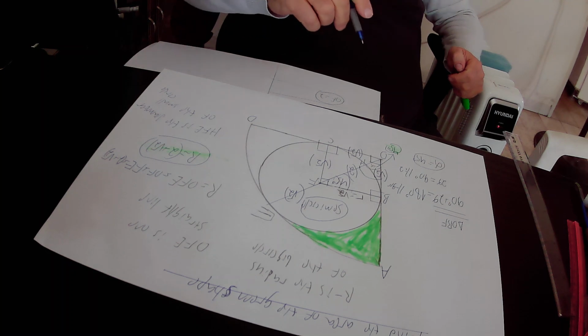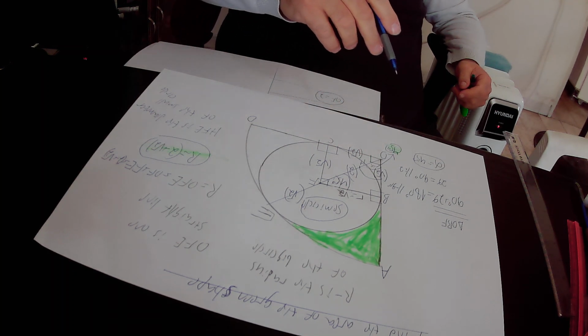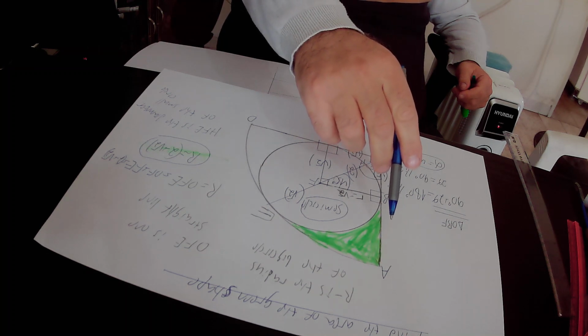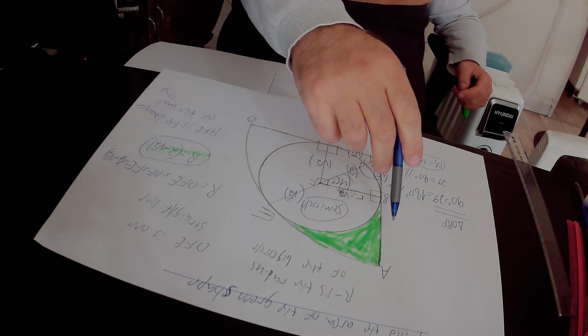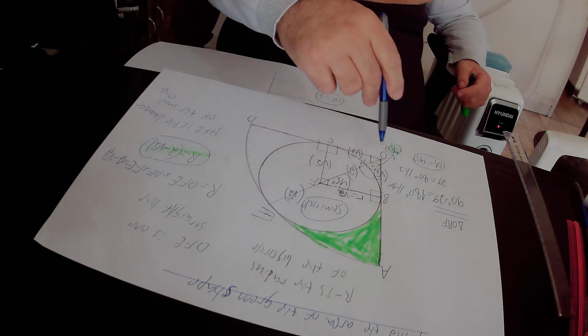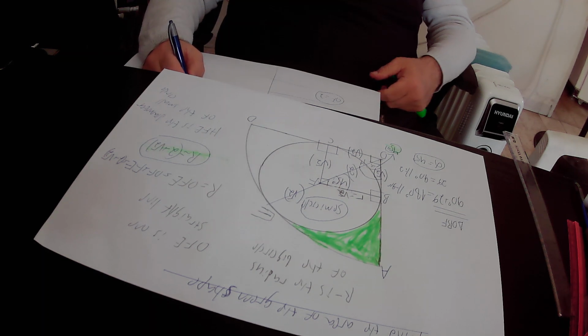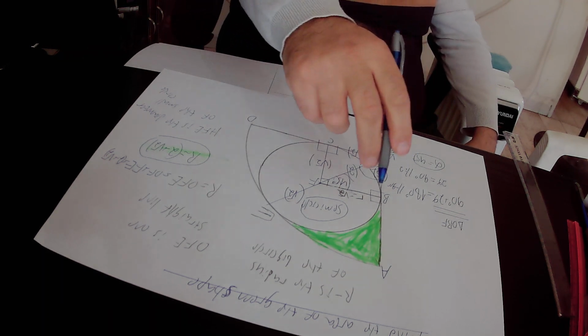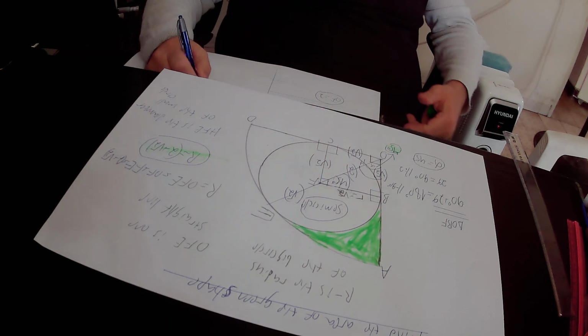The area of the green shape will be equal to the area of the big sector AOE. The big sector AOE is part of the big circle.